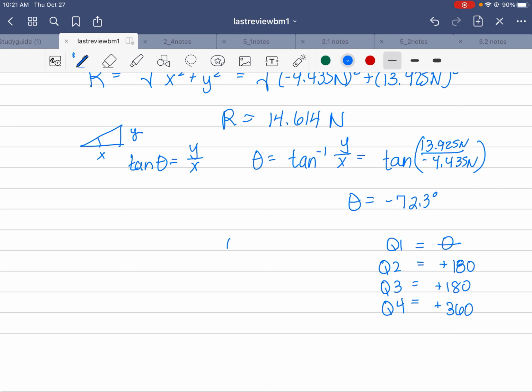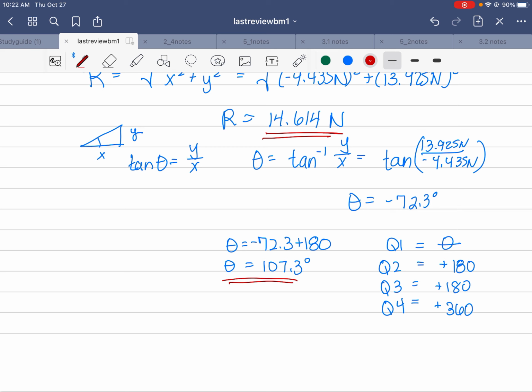So my angle, if I take negative 72.3 and I add 180 to it, my angle is actually going to be 107.3 degrees. So I have my resultant, which is 14.614 newtons at 107.3 degrees, which is in my second quadrant.